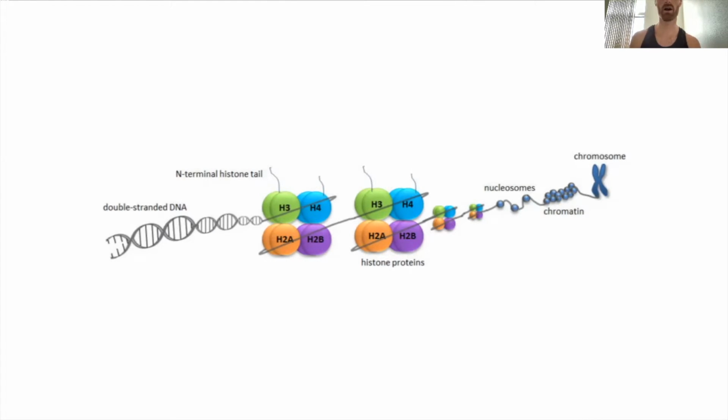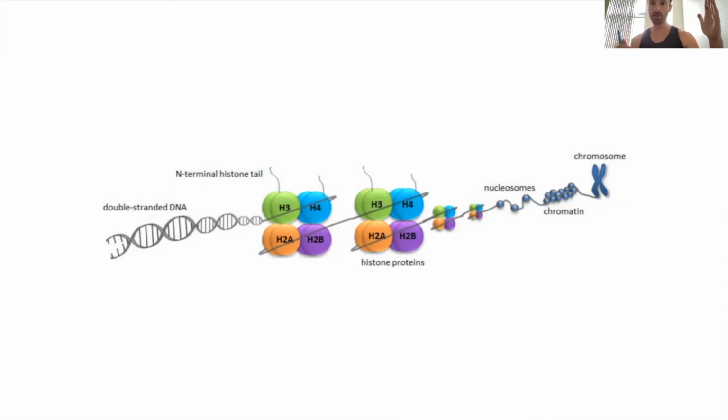I want you to pay attention to this N-terminal histone tail. All that's referring to is that these are proteins, and proteins have an N-terminus and a C-terminus at either end of the polypeptide chain. Remember, proteins are chains of amino acids, polymers of amino acids that we sometimes call polypeptide chains.